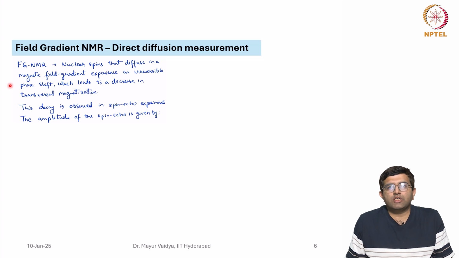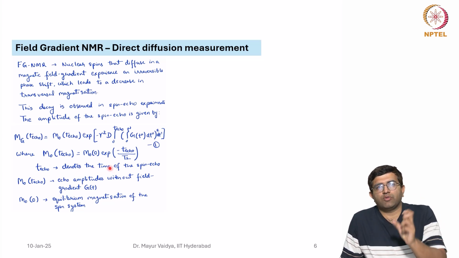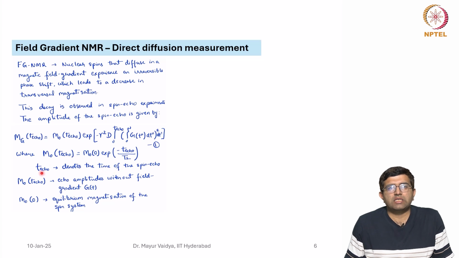The amplitude of the spin-echo is given by M(g, t echo) equals M0(t echo) into exponential of minus gamma squared D times this integral, where M0(t echo) equals M(0) exponential of minus t echo by T2. Now, t echo is the time of the spin echo, so the duration of the spin echo experiment is written as t echo.